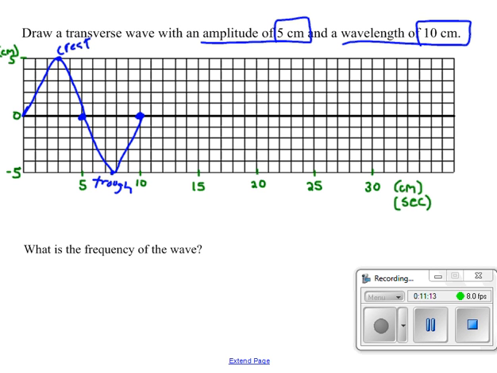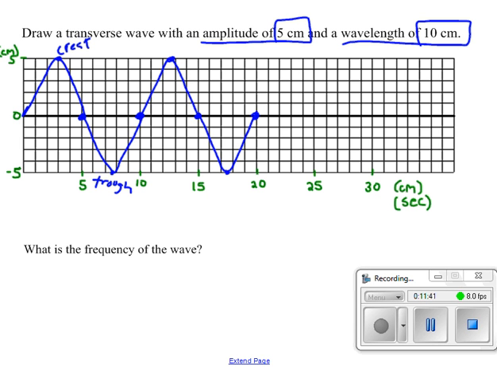And remember what I said, you've got to complete the graph as far as you can go. So my next wave would be another 10 centimeters. So I'd put my dot for my complete wave. I will look at my midway point, cut it in half, draw my crest, cut it in half, and draw my trough. And notice again, it's very symmetrical.